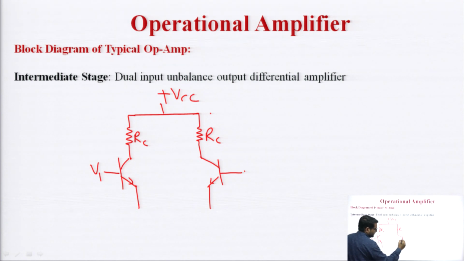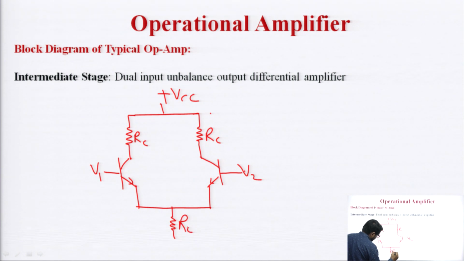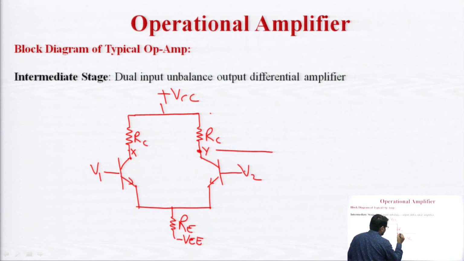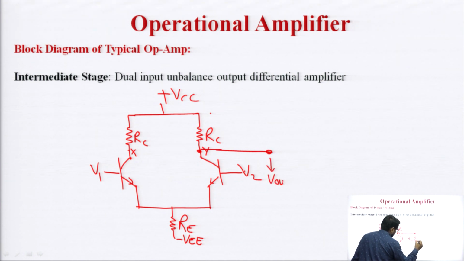Here signals V1 and V2, both are AC signals, and in a similar fashion this is the RE, this is the minus V. And here the unbalanced output: this node is X, this node is Y, and the output is taken from node Y, V out.